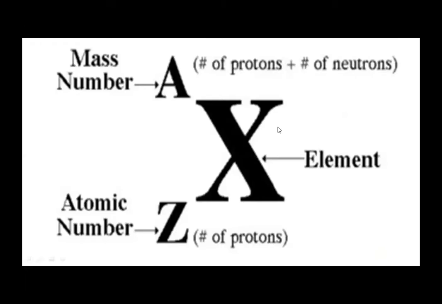So the mass number is represented by A, which is the number of protons plus number of neutrons. And the atomic number is represented by Z, which is the number of protons and number of electrons.